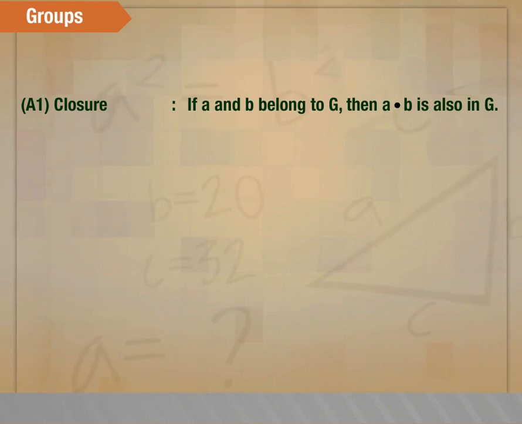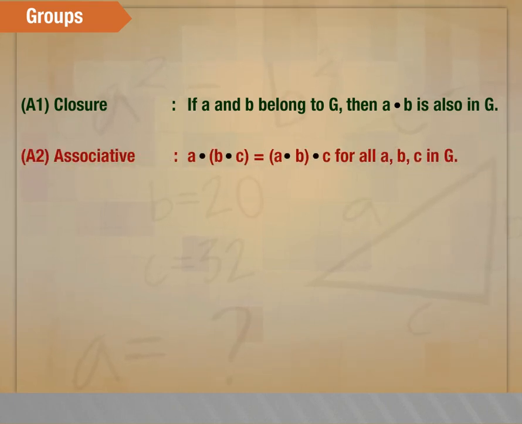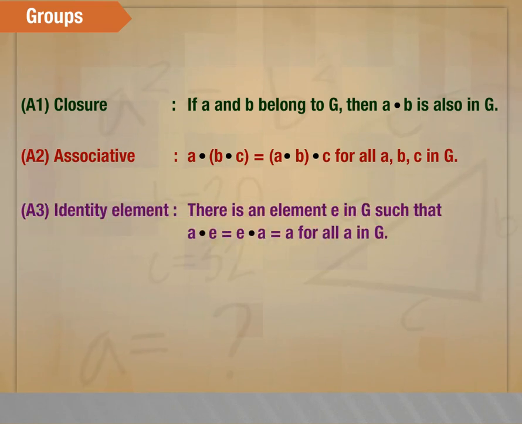A1. Closure. If a and b belong to G, then a · b is also in G. A2. Associative. (a · b) · c is equal to a · (b · c) for all a, b, c in G. A3.